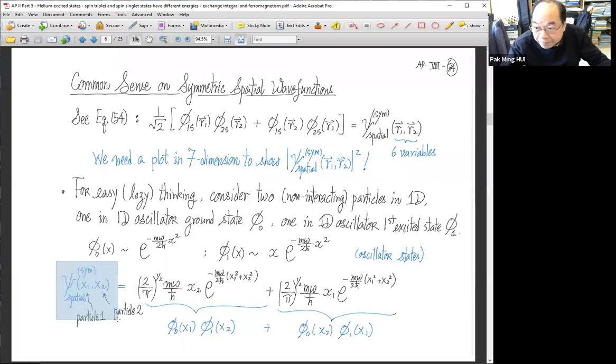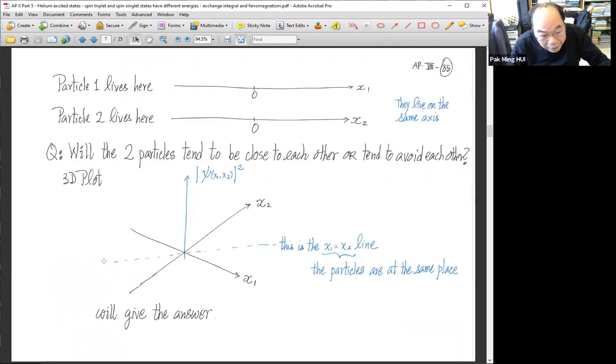Understand? Okay, symmetric. Notice that there is a diagonal line referring to the two particles at the same place, x1 equals x2. So let's look at this symmetric form.